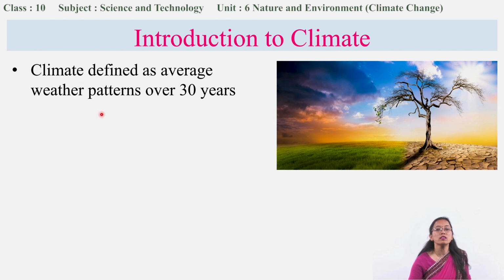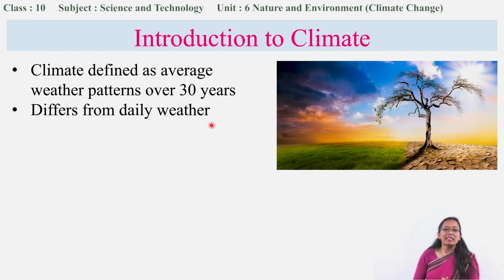That means the weather pattern over 30 years in our environment is called climate.